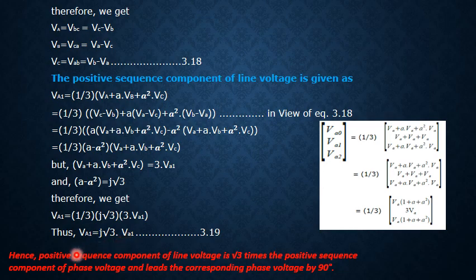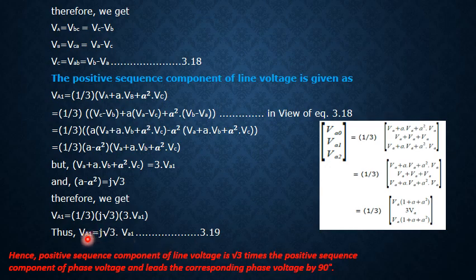That is the normal relation between line voltage and phase voltage that we know for the star connection: line voltage is equal to root 3 times the phase voltage. Hence the positive sequence component of the line voltage is root 3 times the positive sequence component of the phase voltage, and it leads by an angle of 90 degrees.